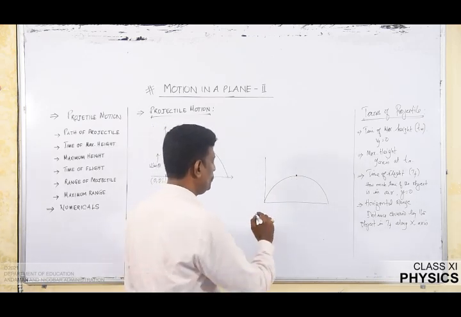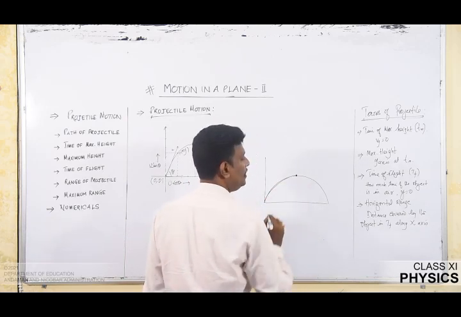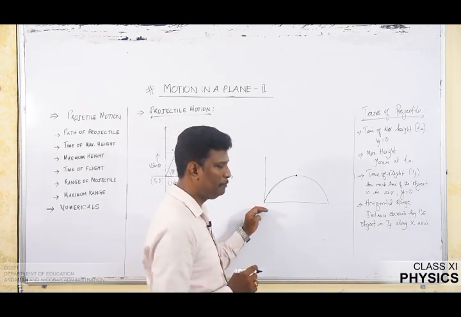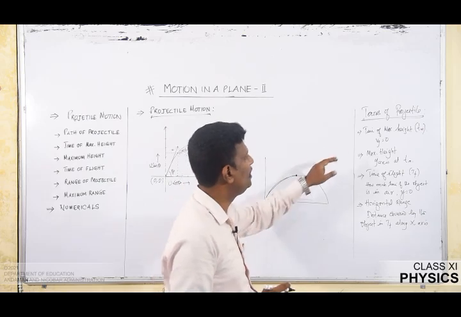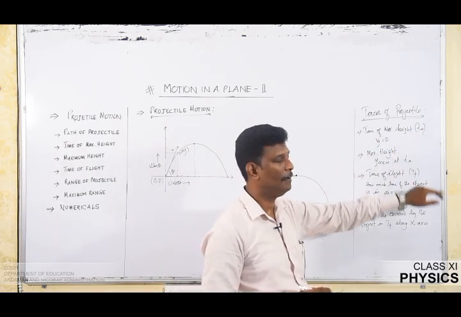So, the time taken by the object to reach the maximum height, that is the time of maximum height. It is represented by Tm.